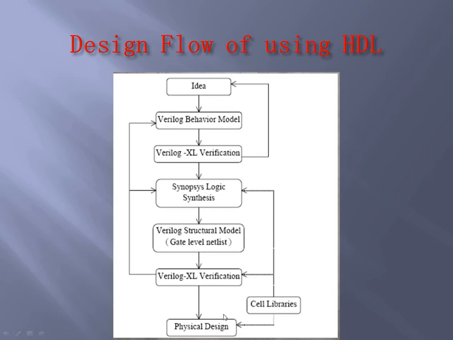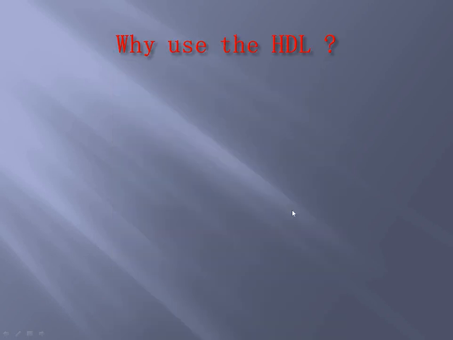Physical design is really the actual implementation on the hardware, so it will be the last step in the front-end design flow. So these are the basic steps: first taking your idea, writing the program, then simulation, then synthesis, and verifying and checking your results. If needed, you go on to physical design. That is the flow of using HDL.